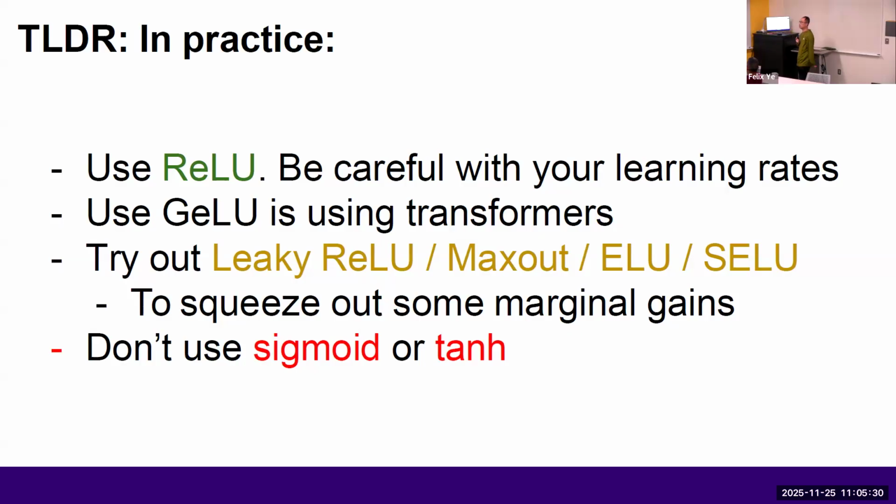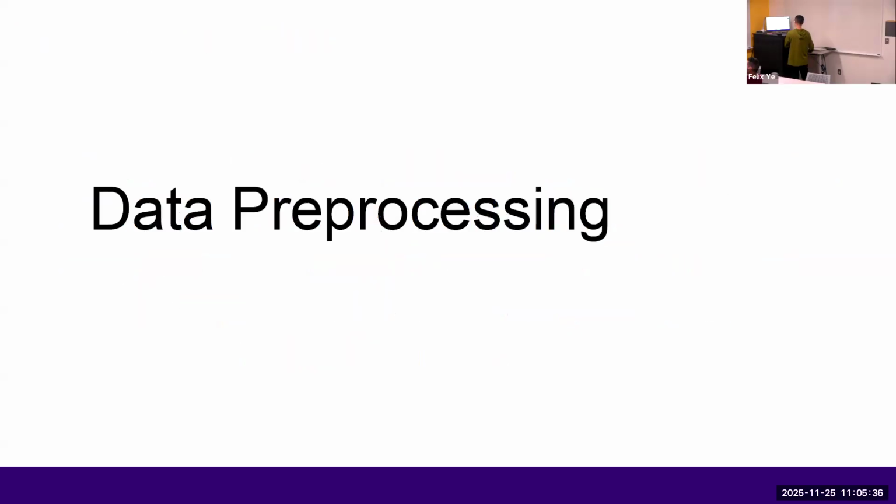If you're using ReLU, you have to be careful with your learning rate. All right, so that's the activation function. You can see there are a lot of activation functions. A lot of this is very engineering, very ad hoc. In the homework, you need to go through these activation functions and implement all of them from scratch.